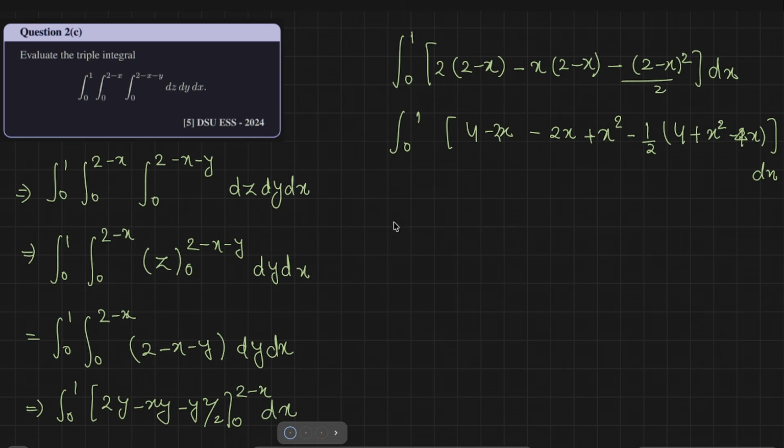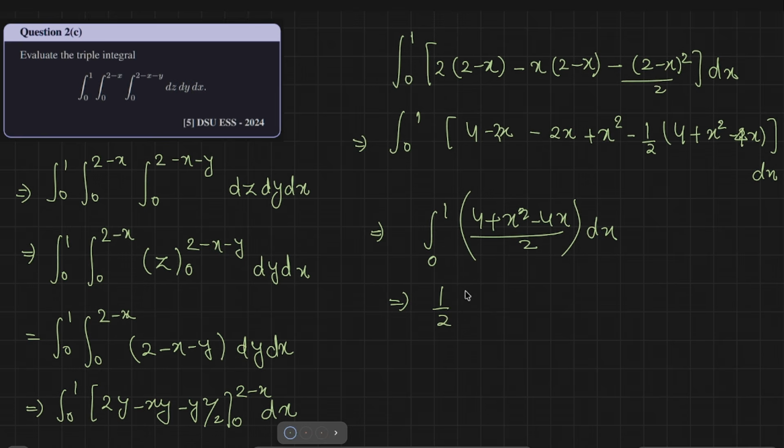When you completely solve, this is for your task. This is basically the integral of 4 plus x square minus 4x over 2, dx, from 0 to 1. It is very easy to solve. Take 1 by 2 outside, of 4 plus x square minus 4x, dx, with limit from 0 to 1.